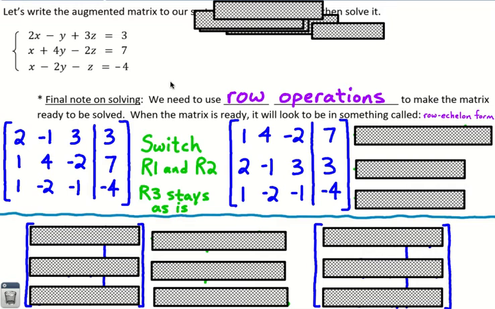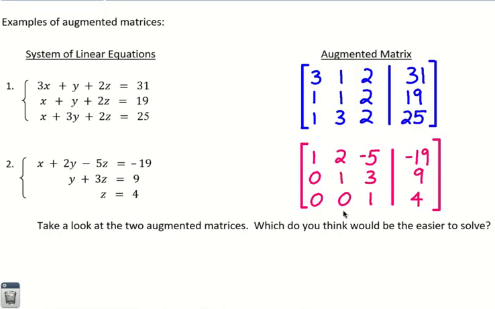So I told you that my ultimate goal is to put my matrix in row echelon form. What that basically means is I could have a 0 in these 3 positions. If I get a 0 in those 3 positions, I'll be able to solve for all my variables.